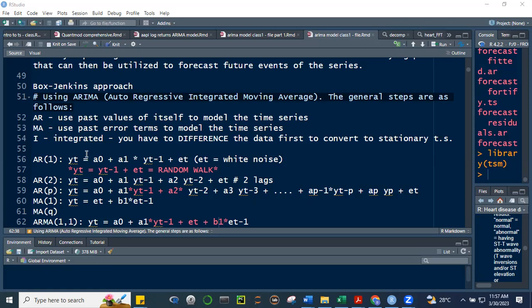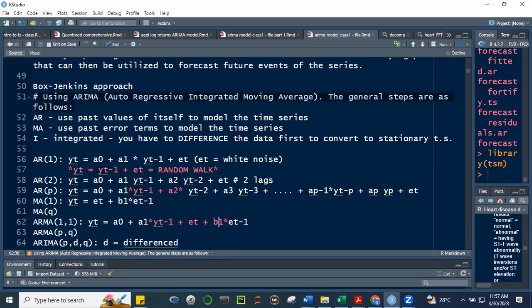All right, so now, as we said, assuming that the data is already stationary, then we can now perform an ARIMA process to determine whether our data follows an AR1 process, AR2 process, or AR sub P process, or MA1, MAQ, or ARMA 1,1. So these are the different examples of an ARIMA or an ARMA process.